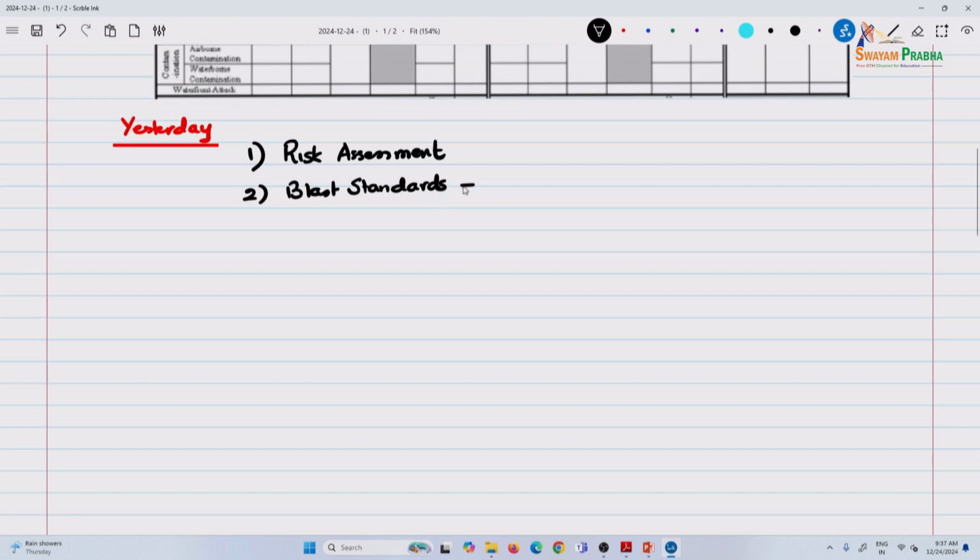And I'd like you to be exposed to one of the blast standards, which is ASCE 59. There is 11, and also I believe it has come now. I do not have a copy of it, maybe the updated ASCE 59-22. And I did bring a copy of it just to show.